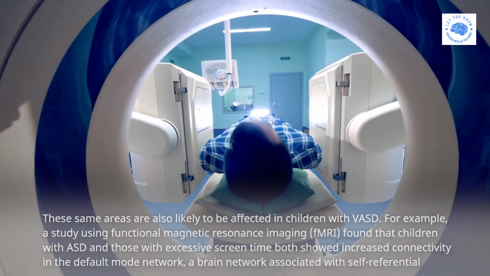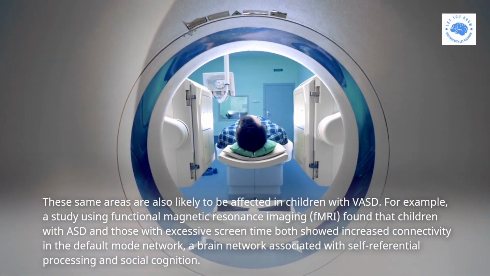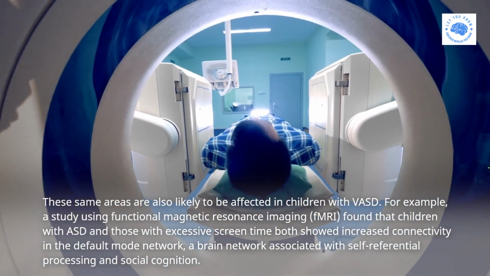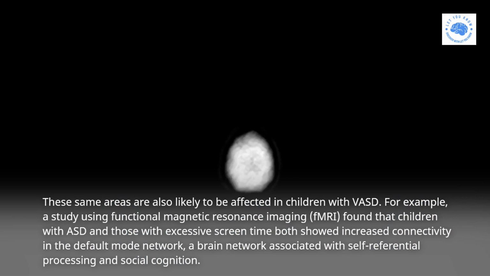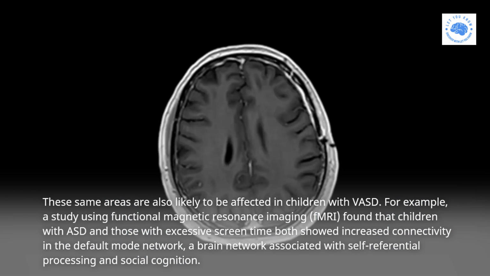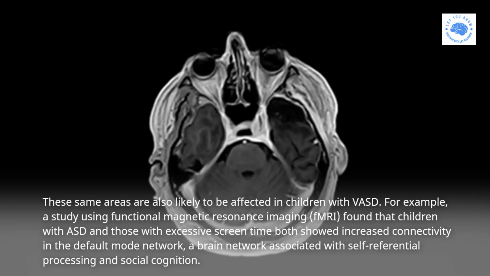These same areas are also likely to be affected in children with VASD. For example, a study using functional magnetic resonance imaging, fMRI, found that children with ASD and those with excessive screen time both showed increased connectivity in the default mode network, a brain network associated with self-referential processing and social cognition.